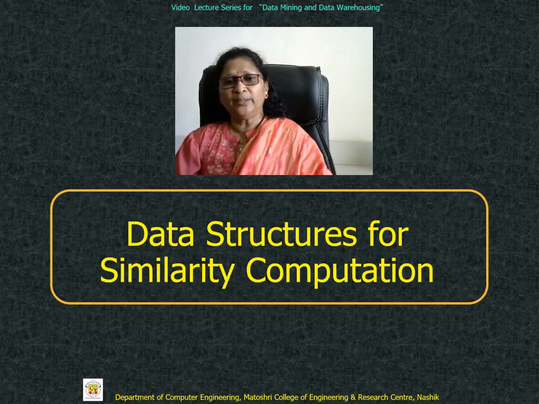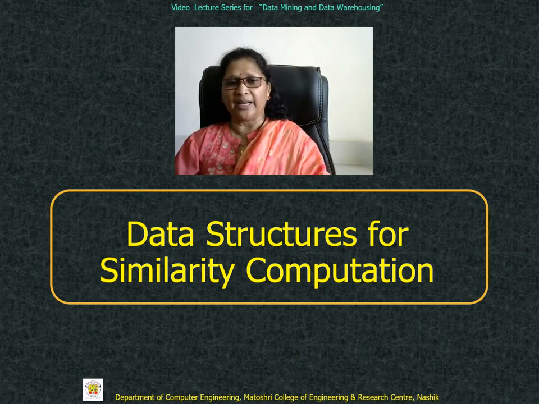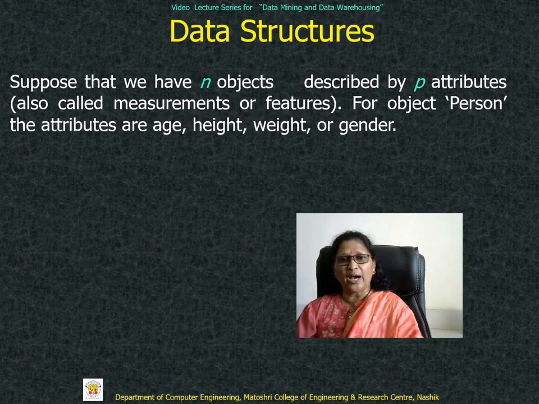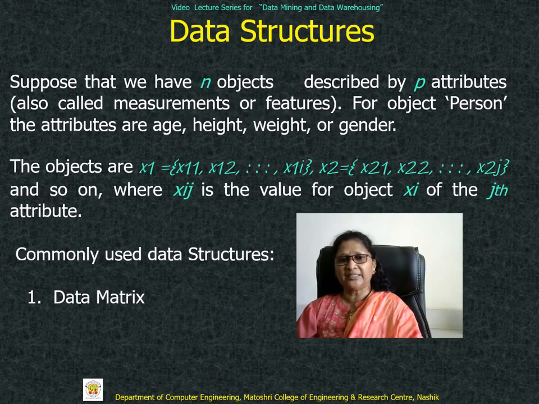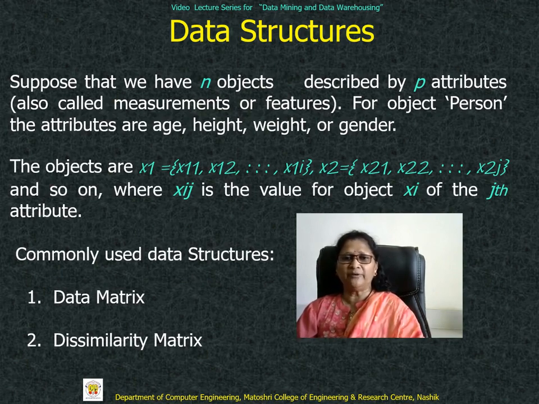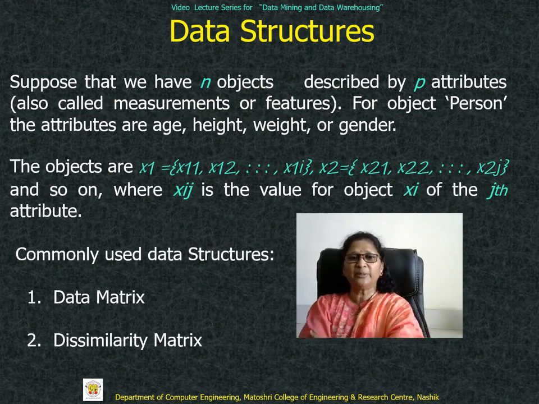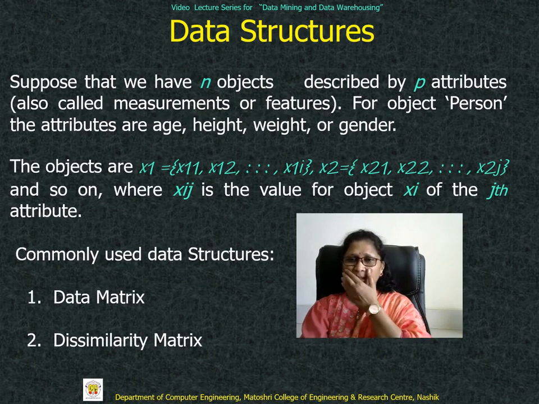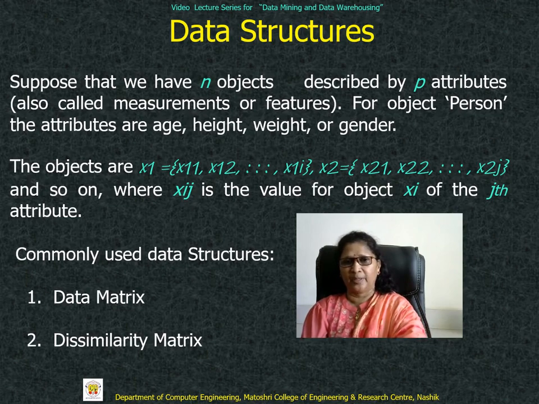There are two commonly used data structures for similarity computation. One is data matrix and the other is similarity matrix. Suppose that we have n objects described with p attributes. These attributes are also referred to as measurements or features. For example, the object person has attributes say age, height, weight and gender.